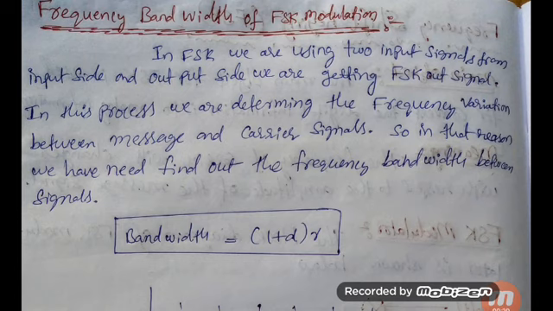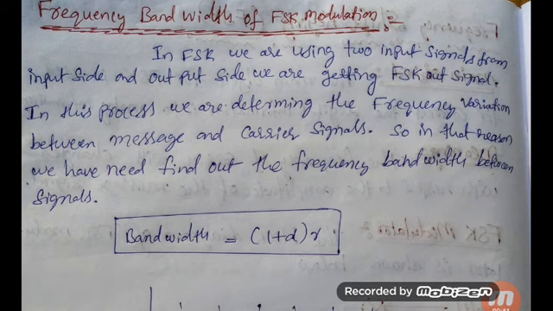In FSK modulation, on the input side we apply two input signals and on the output side we get the FSK output signal. In this process we determine the frequency variation between the message and carrier signals.